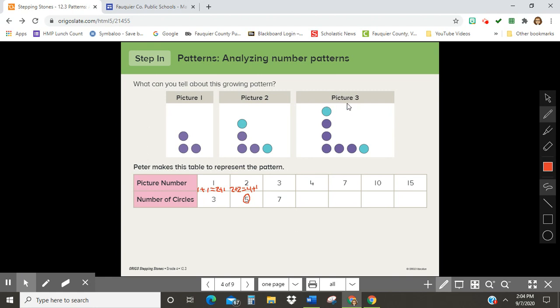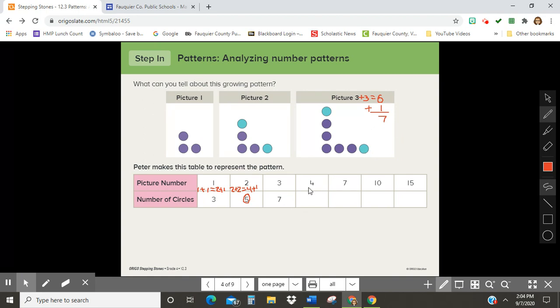For the third picture, it's double 3, plus 3 equals 6, plus 1 more should equal 7. Yep, 1, 2, 3, 4, 5, 6, 7.